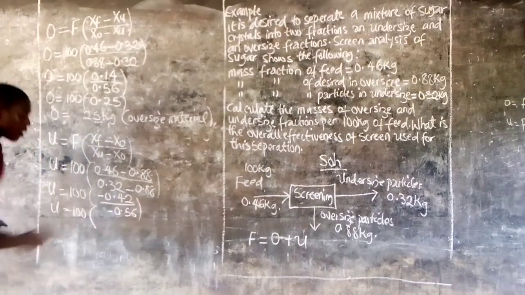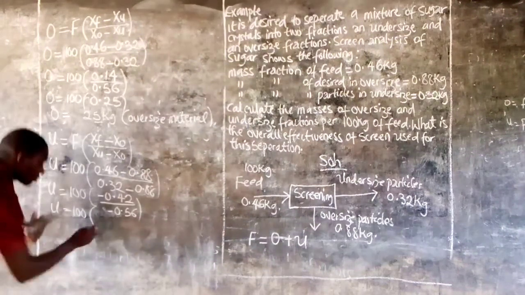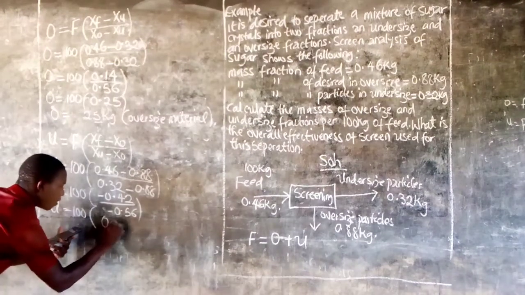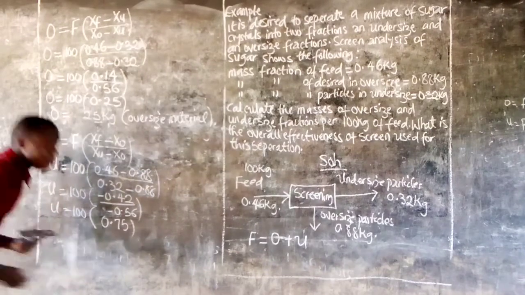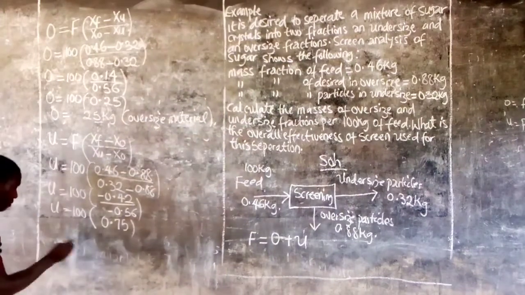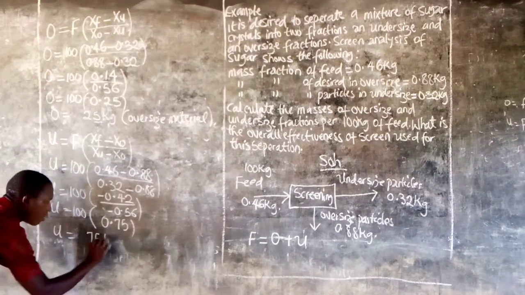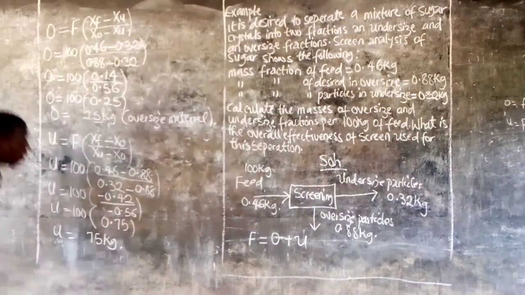Now this minus will cancel out this minus. So at the end of the day, we now have that 0.42 divided by 0.56, and that is equal to 0.75. And so 100 times 0.75, that will give us that U is equal to 75 kg. Right.